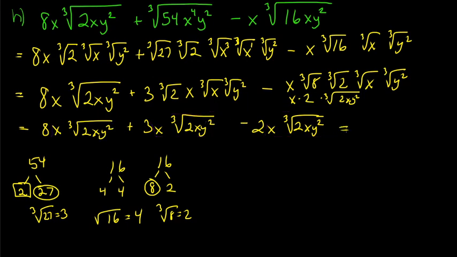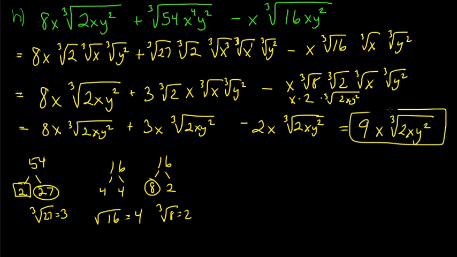So 8 plus 3 is 11. 11 minus 2 is 9. So 9x times the cube root of 2xy squared. Right. So, yeah, a little trickier. It turns out that the first one was already simplified as far as everything goes there. It's the second term and the third term that we had to simplify just a little bit. So I hope that helps.